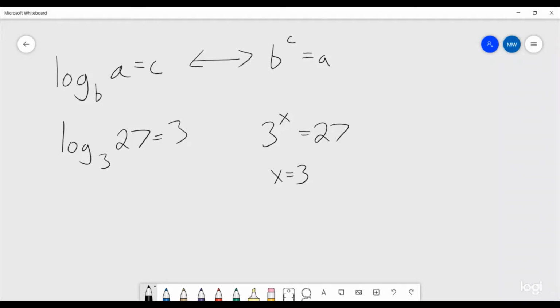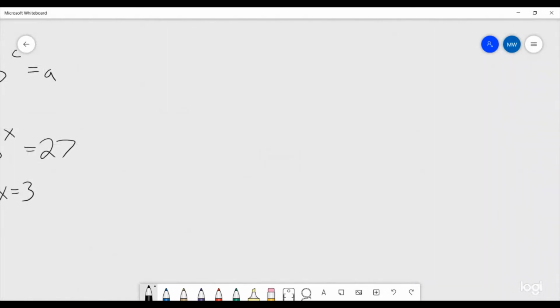Other ones might not be quite as straightforward. Like maybe we were trying to figure out what is log base 8 of 16. So that's 8 to what power is equal to 16? Well, at this point we might not be able to see directly what it is, because 8 is just half of 16. But we might be able to see, well, we can write 8 as 2 cubed.